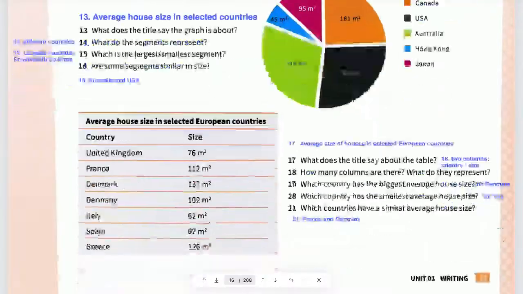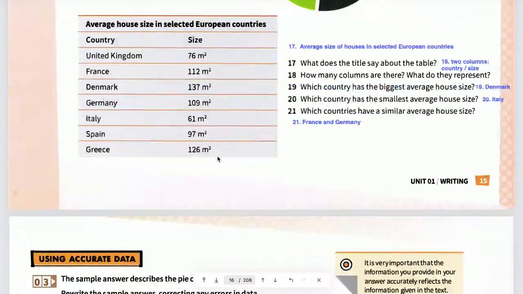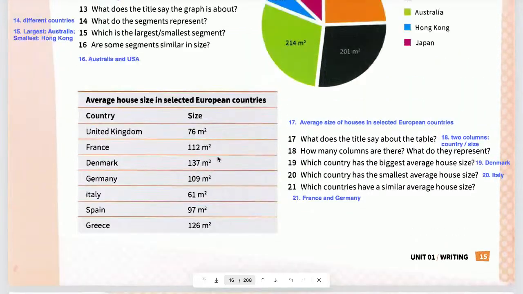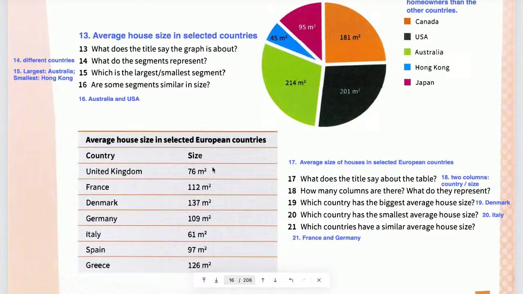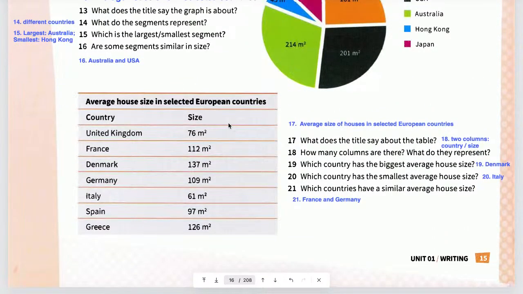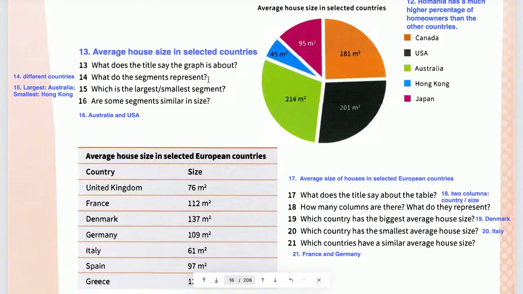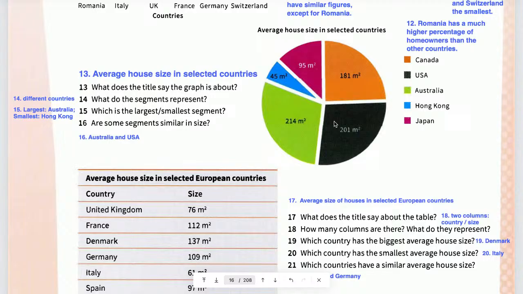Are you sure? Because the table shows the average house size in selected European countries, and the pie chart shows the average house size of some selected countries like Canada, USA, Australia, Hong Kong, Japan. Are they in Europe?